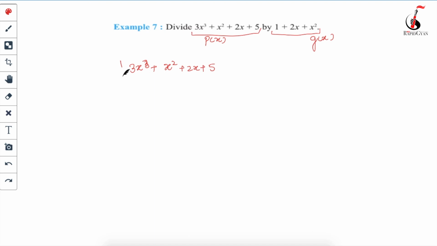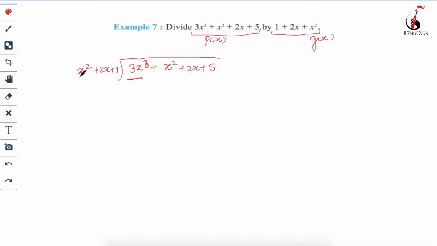The divisor should also be written in descending order of power. Which term has the highest power? x square. So write it like this: x square plus 2x plus 1. Guys, it's very important that both the dividend and divisor are written in such a way that their powers are in descending order.